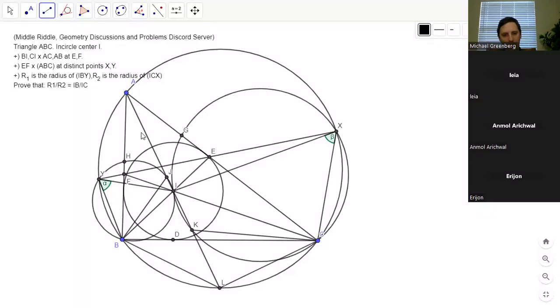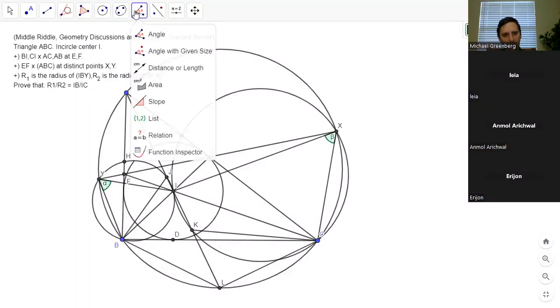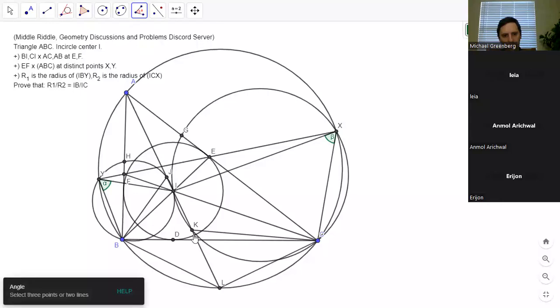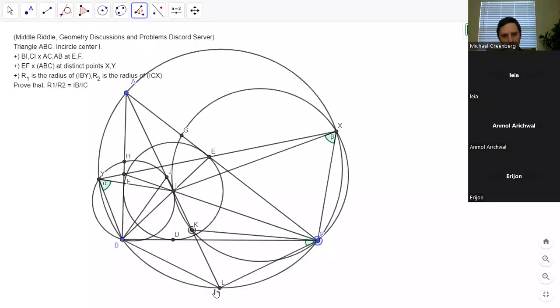Let's think about that. I'm not sure they're actually congruent, but if that were true, then we want to show that this equals this. I'm not sure that's, yeah, that's not true. Okay.